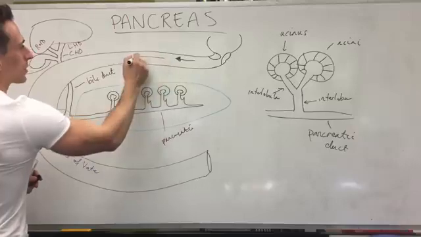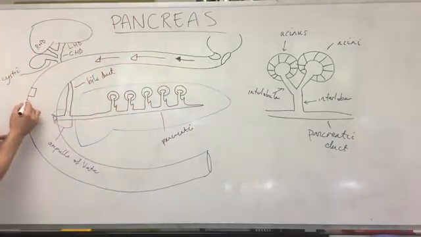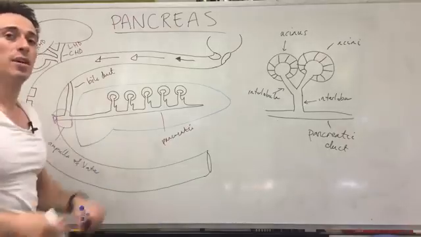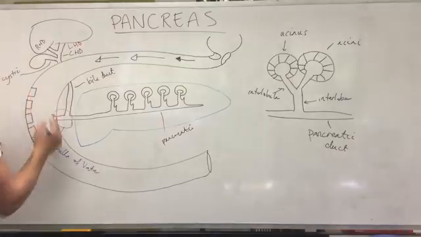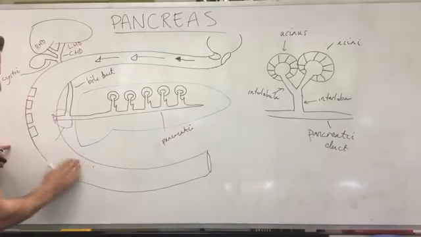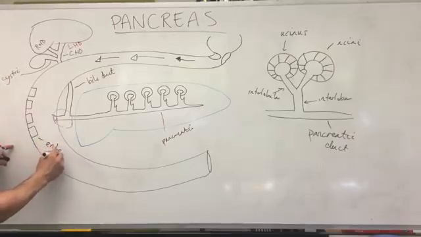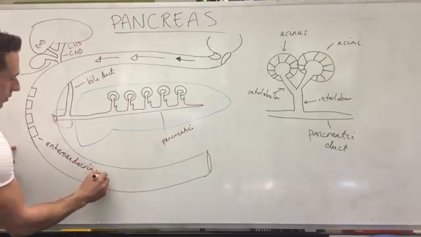As this foodstuff continues to move through, it ends up stimulating some cells in the duodenum, and these cells are called enteroendocrine cells.